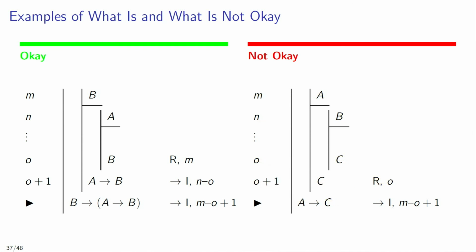And as before, you will notice that the crucial difference here is that in the cases that are okay, we cited entire subproofs, and in the cases that are not okay, we cited individual lines from within a subproof after that subproof has already been closed.